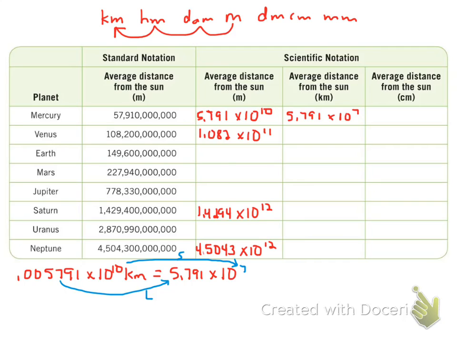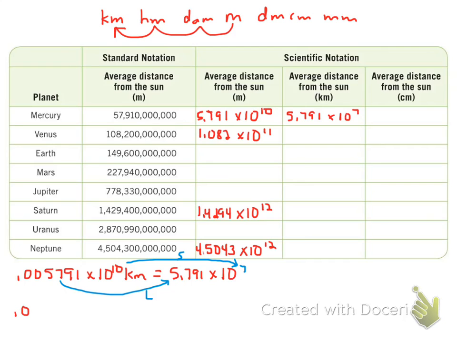Let's do Venus. Again, like before, if you're looking at the chart at the top, we still have to move 3 places to the left. So we're going to have to put 2 zeros in front of the decimal number for Venus.